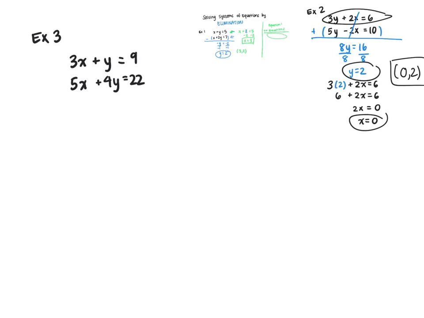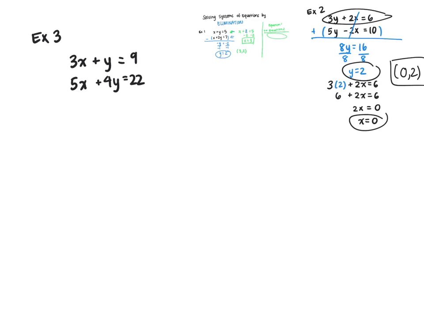Well, we can see we can't eliminate the x's and we can't eliminate the y's, but we can manipulate one of these equations so that we can. So let's look at the first equation.